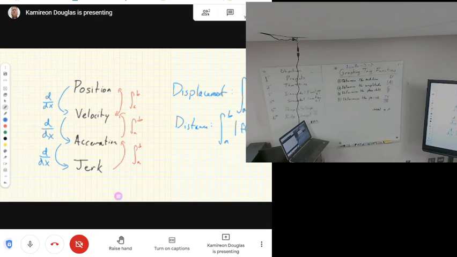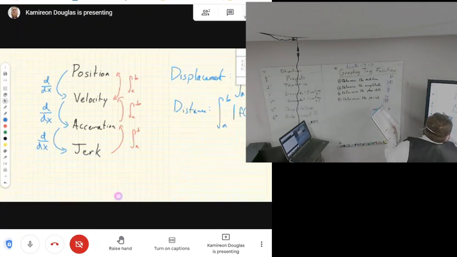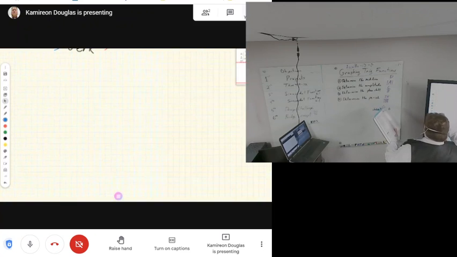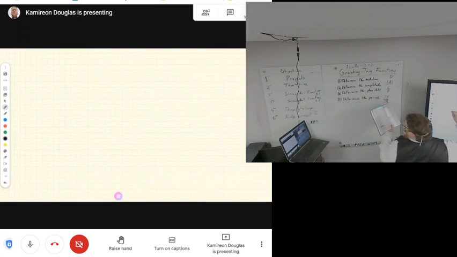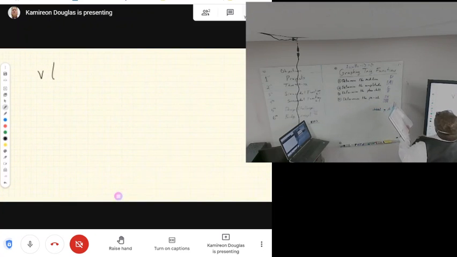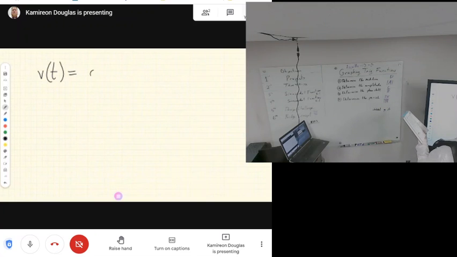This time my function, a little bit tougher. Let's do a trig one. So v of t is equal to cosine of t plus 2t.